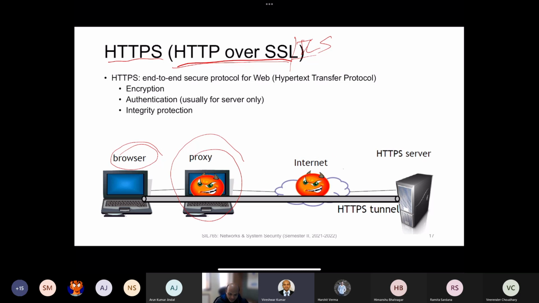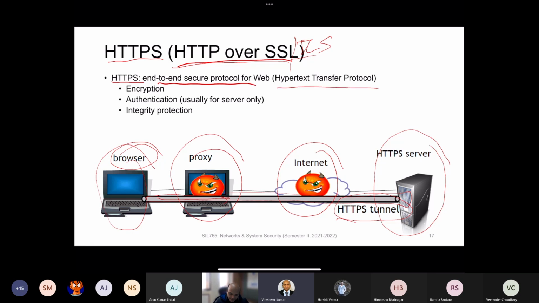The internet is something where the attacker is very active, but even then you will be able to securely access an HTTP server from your browser through this HTTPS tunnel, which is just a security tunnel where you could send and receive secure messages. So HTTPS just provides an end-to-end secure protocol for the hypertext transfer protocol, HTTP.